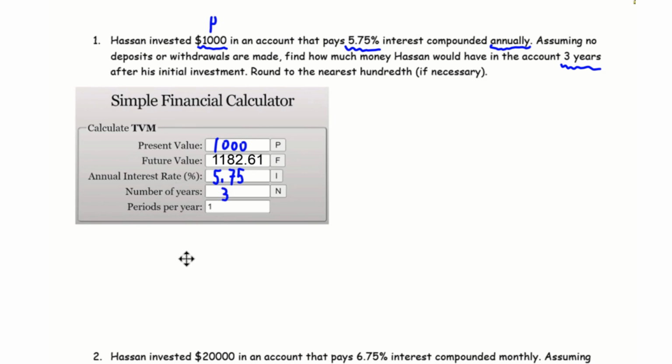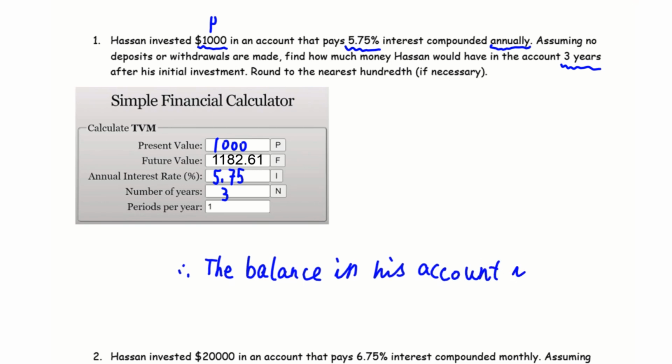So we write a statement. Therefore, the balance in his account is $1,182.61. And I want to ask you one more question.